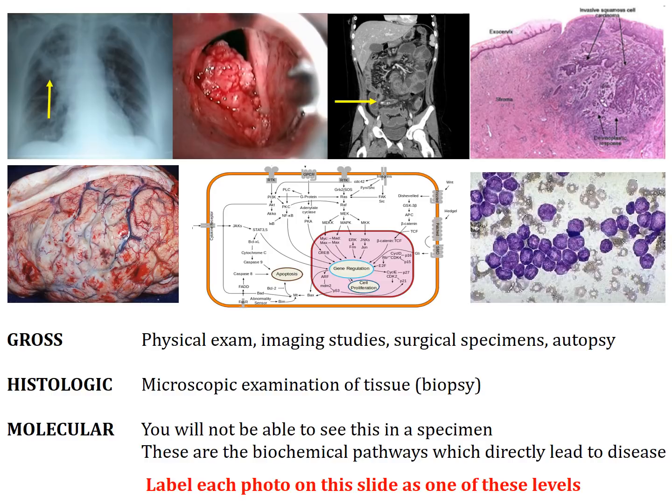Histologic refers to microscopic examination of the tissue and the cell types. Usually a biopsy is obtained of the tissue, and then that biopsy is prepared so it can be looked at under the microscope. And then molecular pathophysiology is looking at those pathways in the biochemistry leading to that pathology.